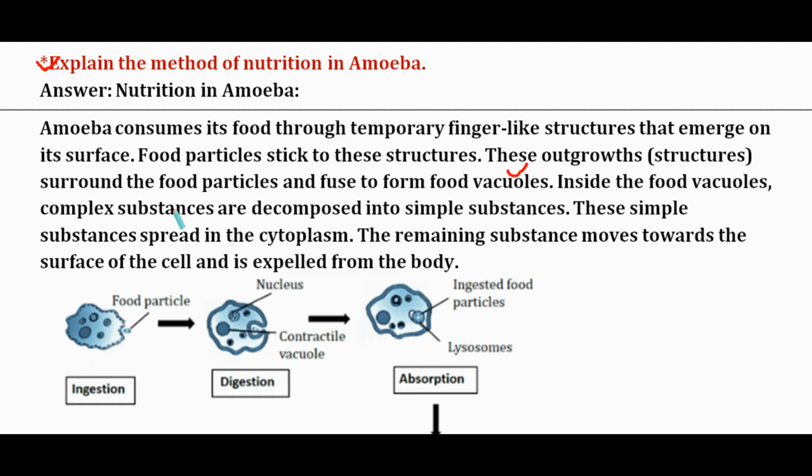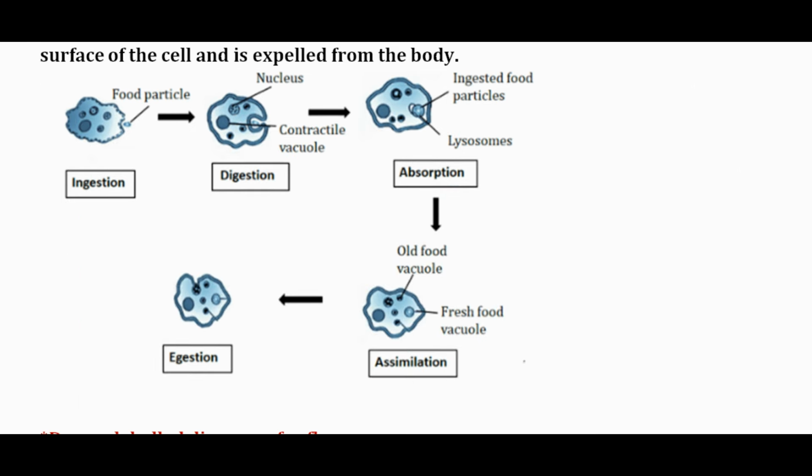Inside the food vacuoles, complex substances are decomposed into simple substances. These simple substances spread in the cytoplasm. The remaining substance moves towards the surface of the cell and is expelled from the body. In the diagram you can see ingestion, digestion, absorption, assimilation and then egestion.